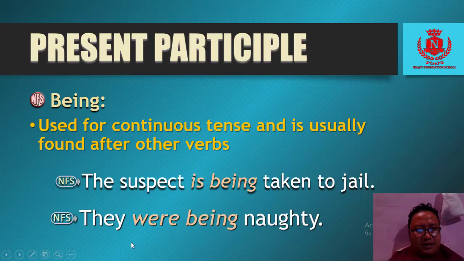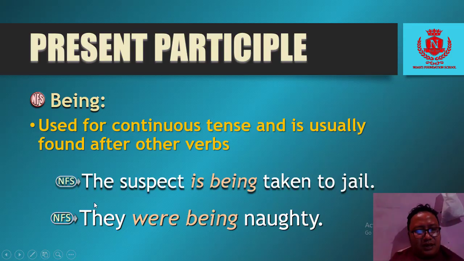And here, another sentence: they were being naughty. We cannot say they was being naughty or they am, because the subject and the verb will not agree with each other. If we say they is, that is also incorrect.